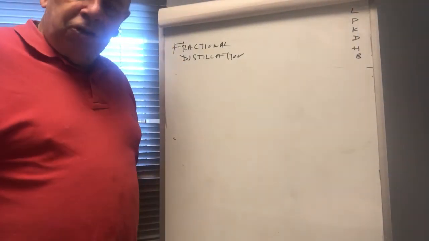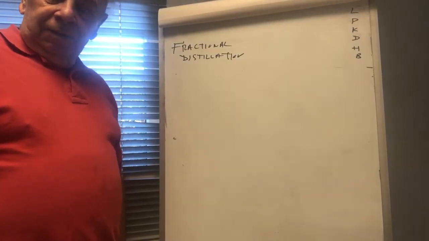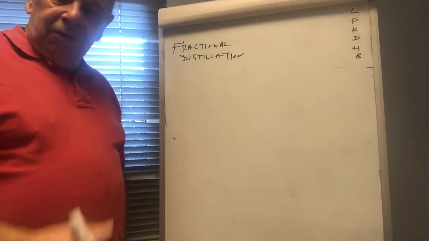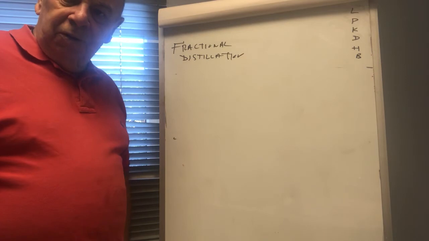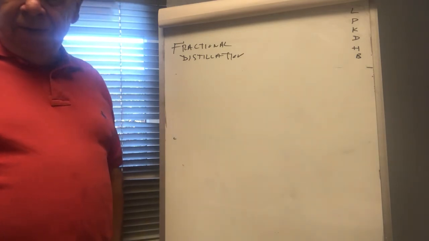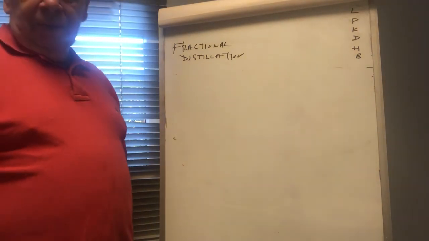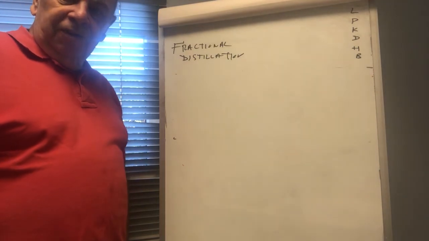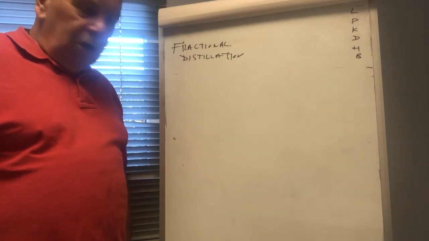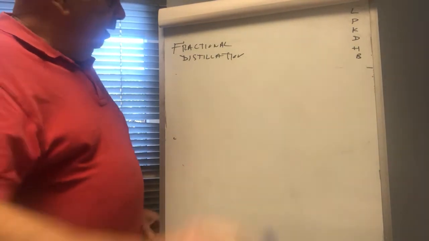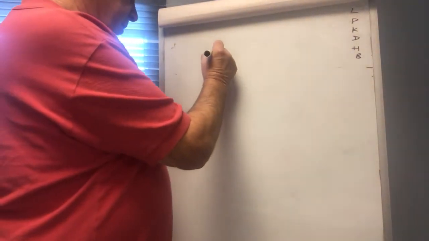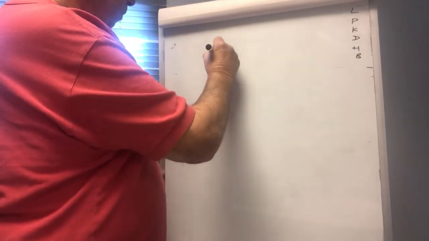Let's look more into fractional distillation. On the industrial scale, oil comes out the ground and then it's pumped off to a refinery where it's then put into a fractionating column. And let me draw a very simple fractionating column.